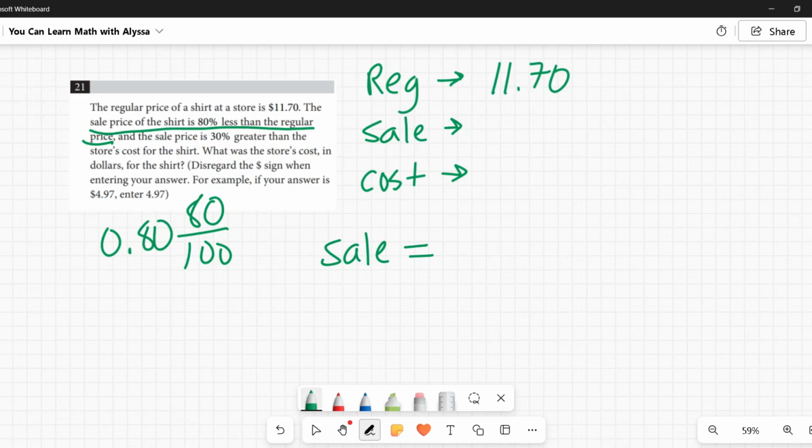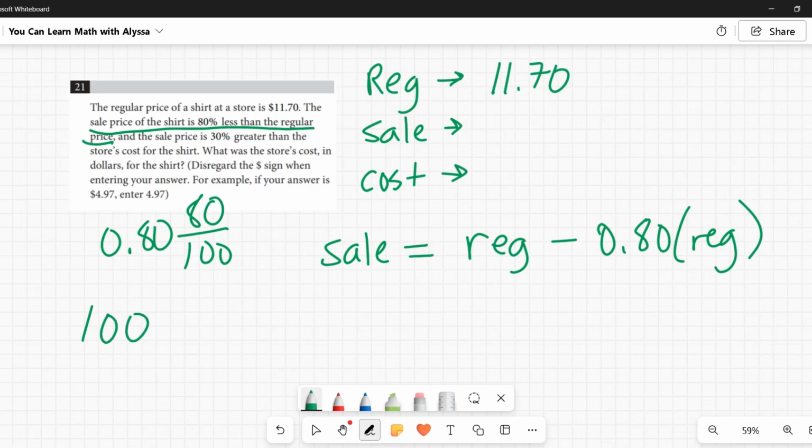So the two ways that you could look at it: this is the regular price minus 80% of the regular price, or 0.80 times the regular price. That's one way you can look at it. Or you could view it as, if it's 80% less than the regular price, the regular price is 100%. And if I'm taking 80% away from that, that would be 20%.